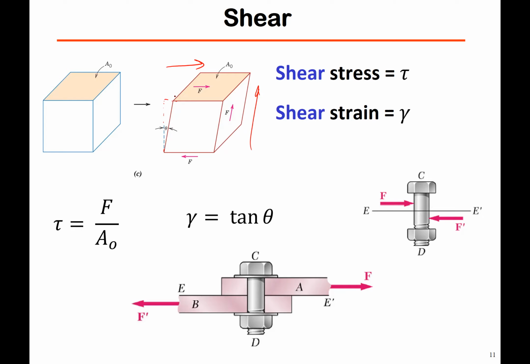And so the applications where you would need to consider shear strain and shear stresses are these conditions where you could potentially have two materials, this A material and this B component could be the same material. But if the force is loaded this way and this way, there's going to be some shear associated with the stress and strain that this bolt right here could experience.